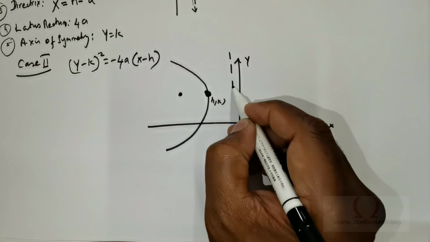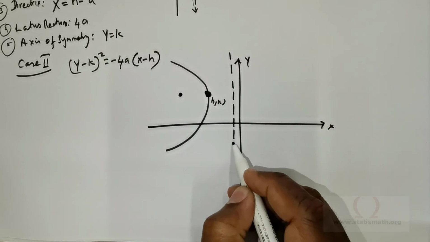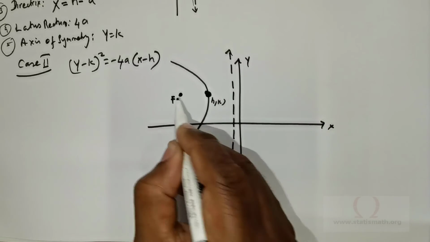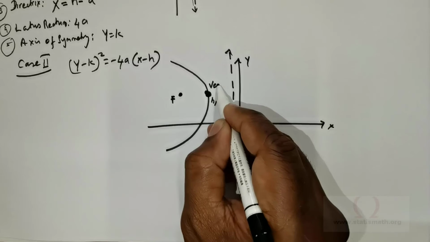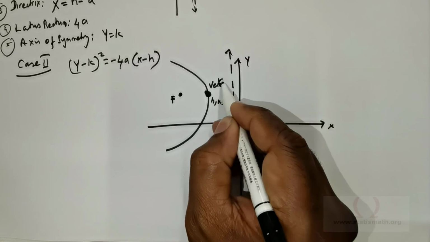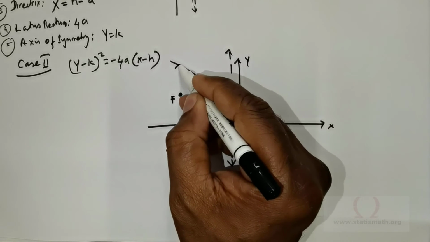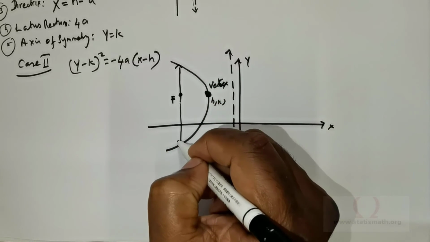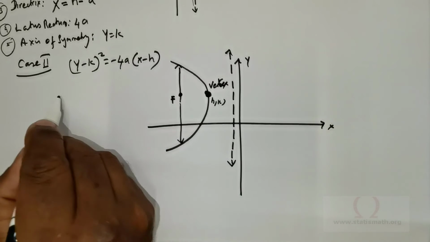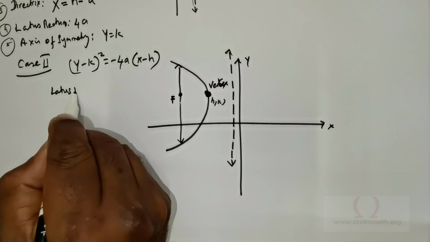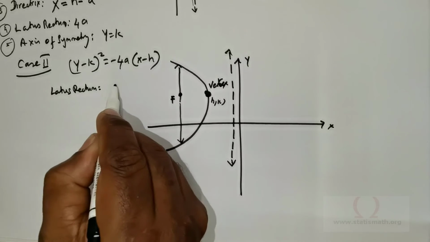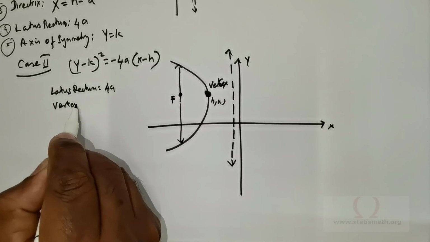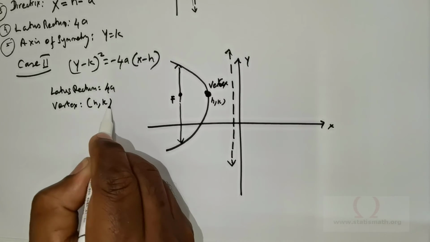So the directrix will be passing like this, and this is my focus, this is the vertex, and this will be the latus rectum. Okay, the latus rectum would be this, and we know the latus rectum is going to be equal to 4a, and the vertex is going to be (h, k).